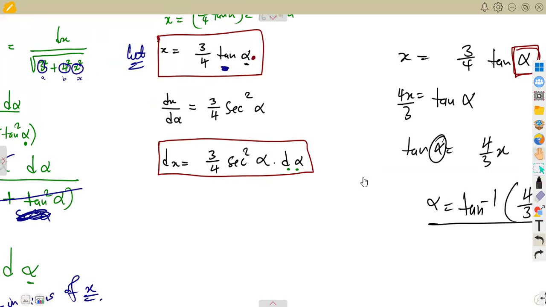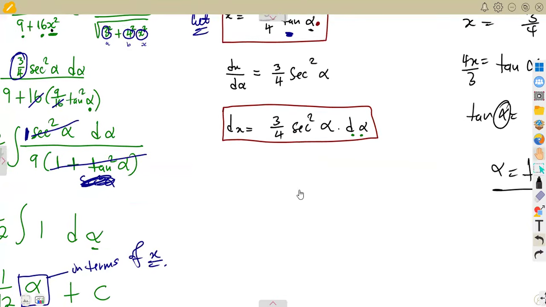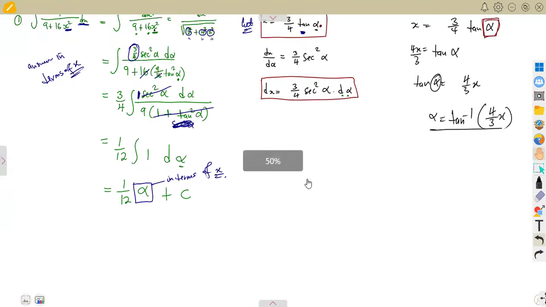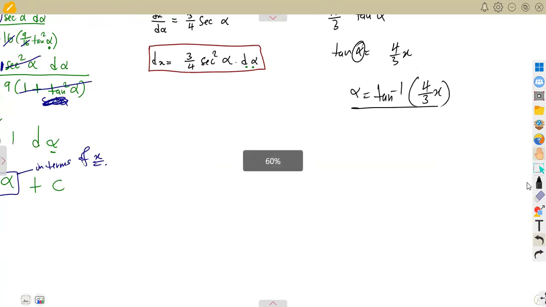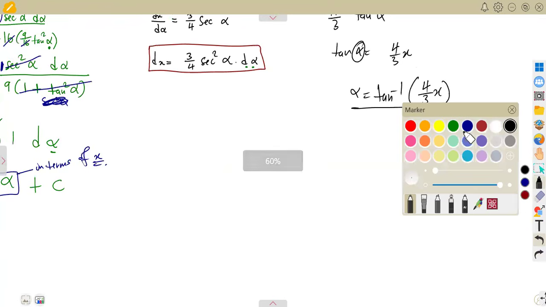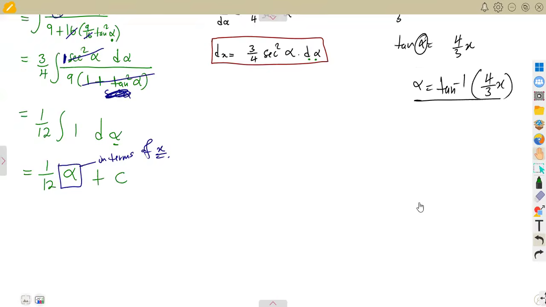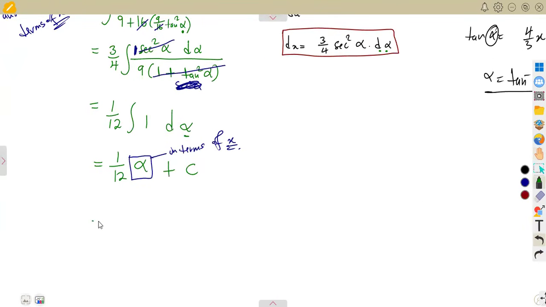So meaning to say, where there is alpha, we can substitute our alpha. So there we are going to have arctan 4 over 3x. So this is 1 over 12, then we have arctan 4 over 3x, just like that, plus the constant of integration.